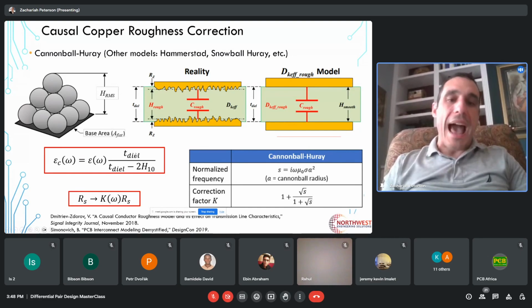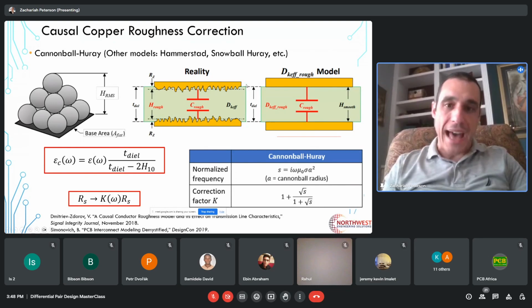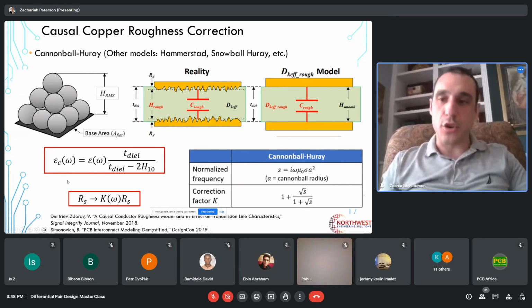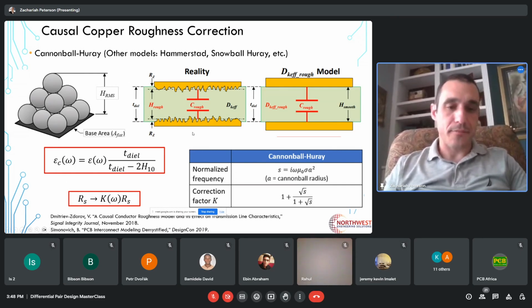The actual thickness of the dielectric, as given between these flat lines across the film, compared to the rough thickness gives you this correction in your dielectric constant. Essentially what it does is it increases the dielectric losses.